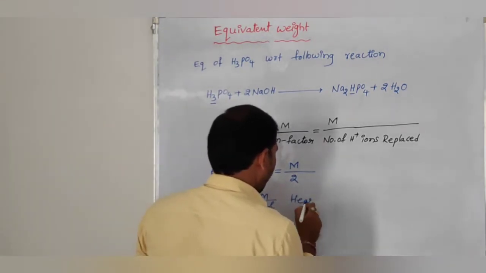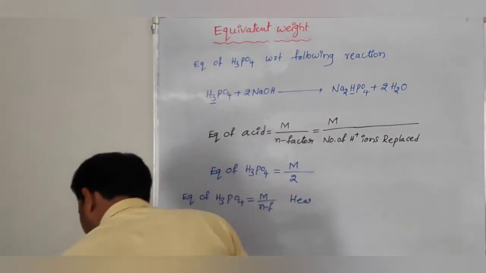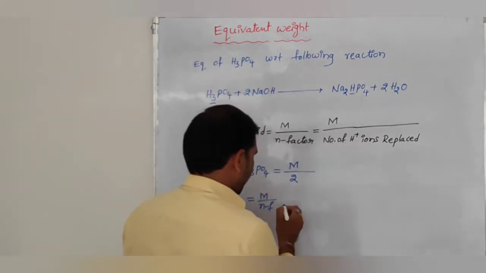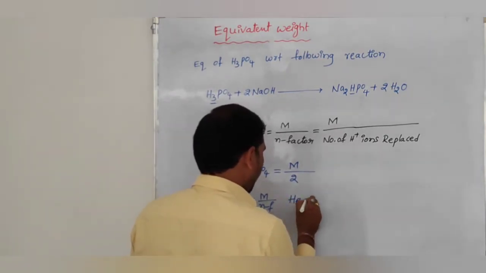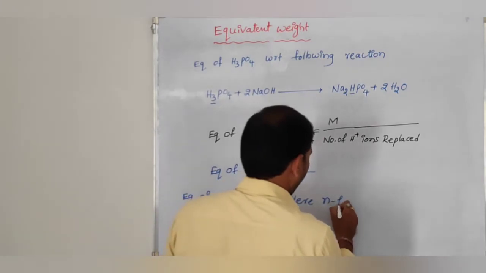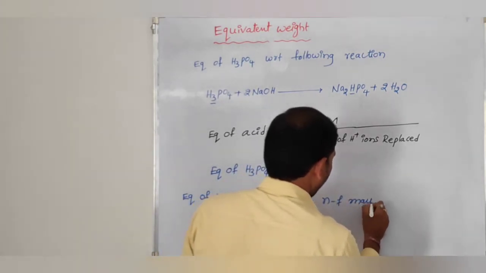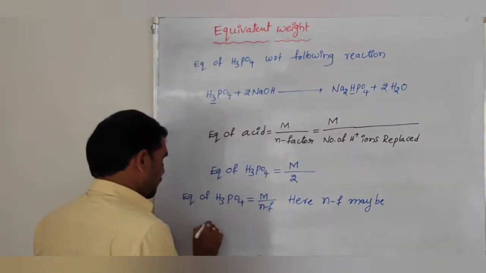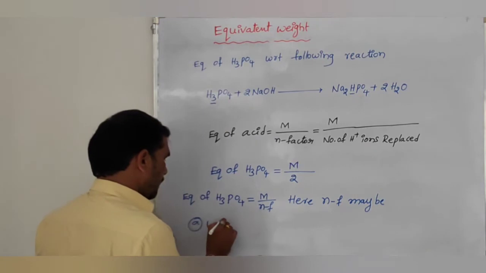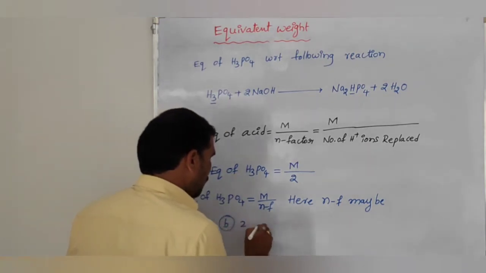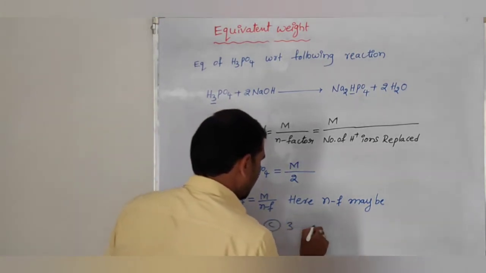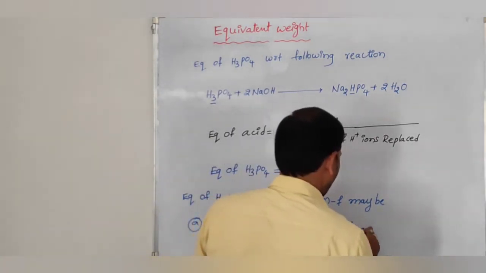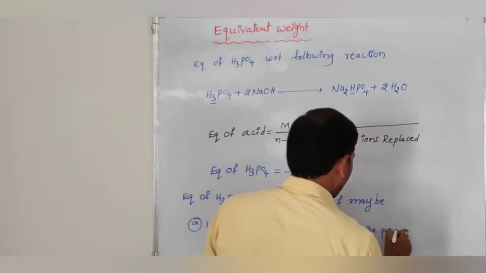Here the n factor may be A, 1, B, 2, C, 3, D, all are possible.